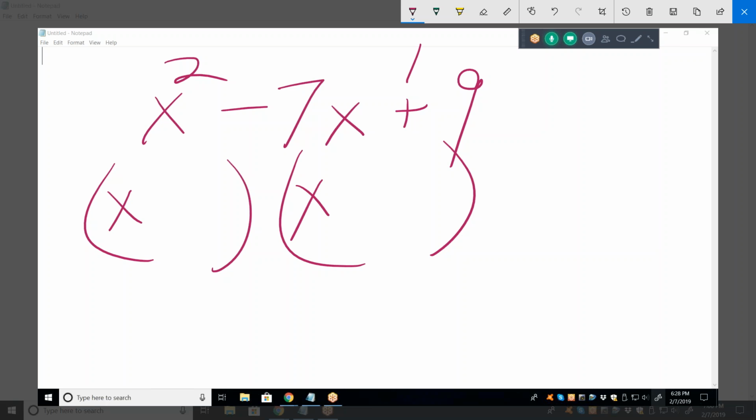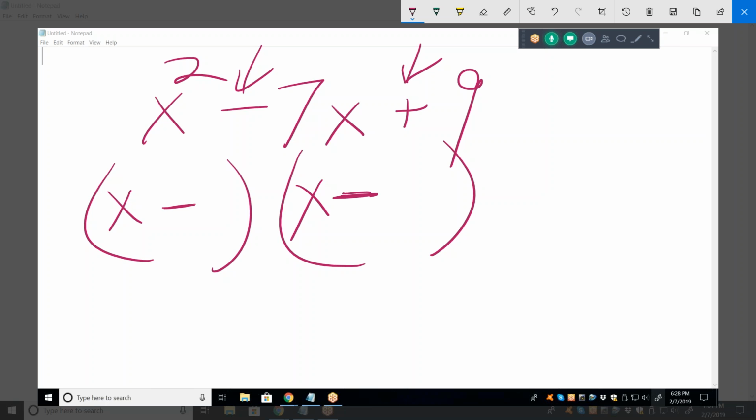How do you get a plus if you start with a plus and a minus? Oh, both minuses. Correct. The first answer is they both have to be the same. They either have to be minus minus or plus plus. Then you look to that term. Since that's a minus, that tells you they have to be minus minus.